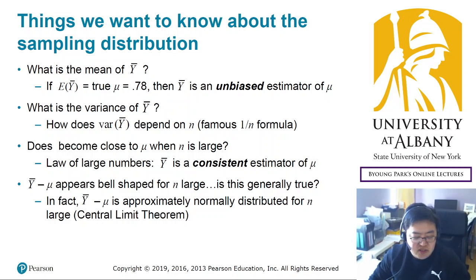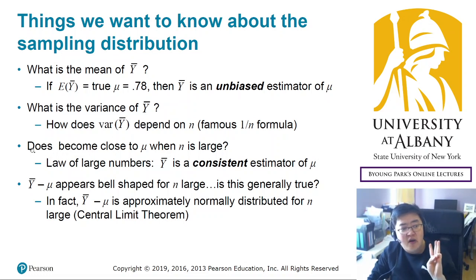We are going to continue the review of statistics that we have been doing so far. In the last lecture, we wanted to know about the sampling distribution, and there are four major issues we need to consider. First, what is the mean of y bar, the sample mean? Second, what is the variance of y bar?